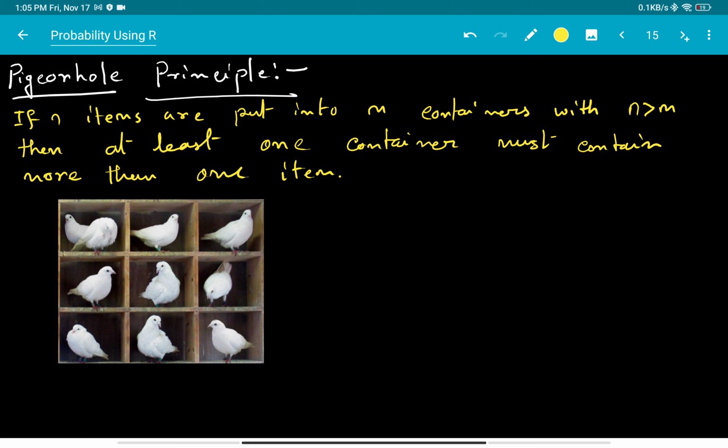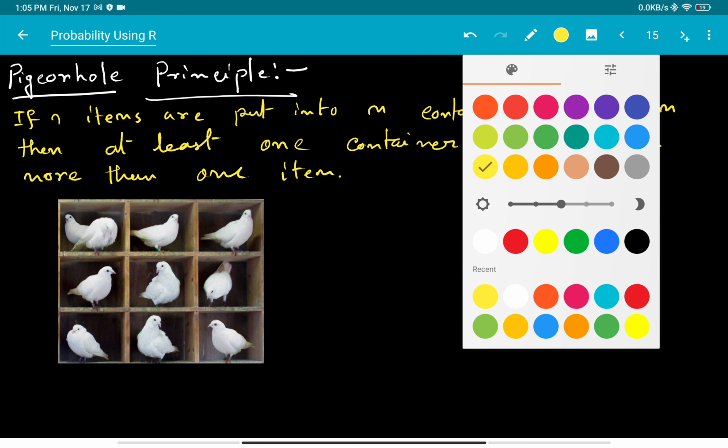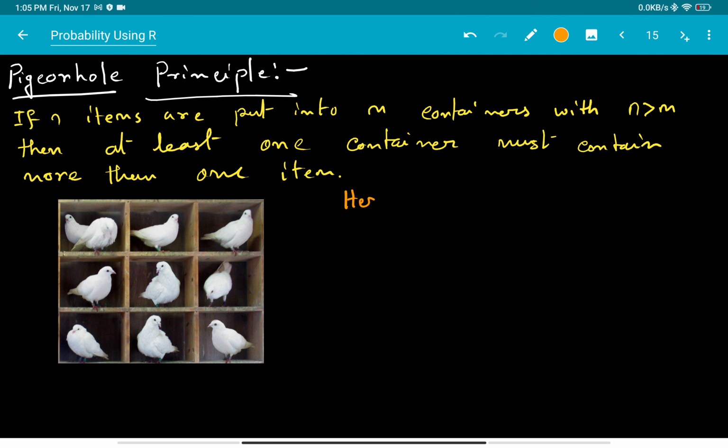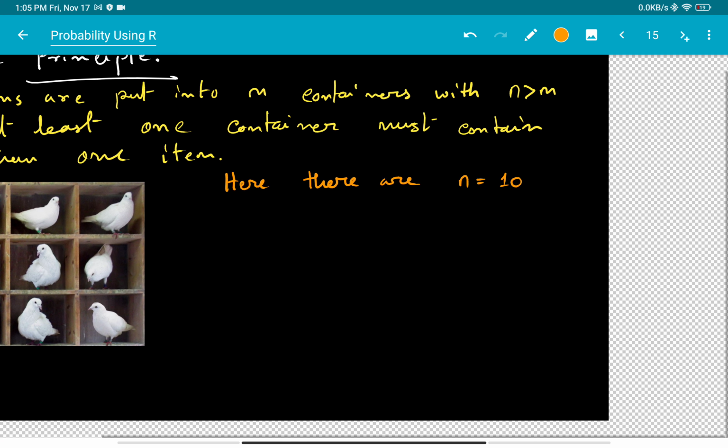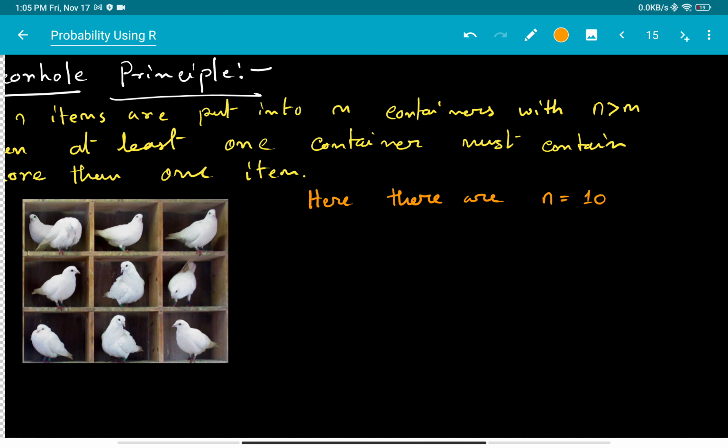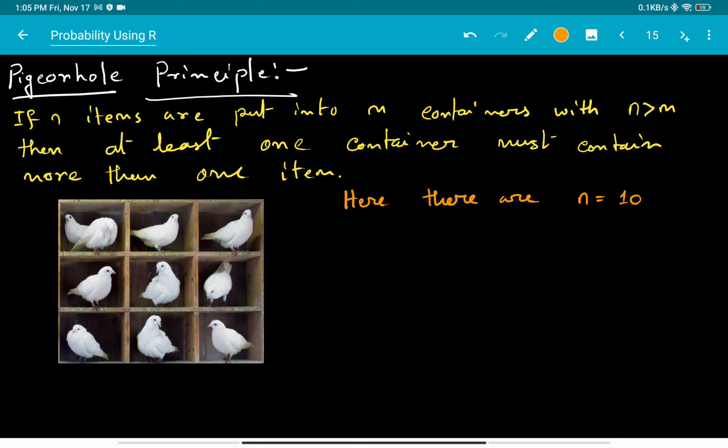So here there are n equals 10 pigeons in m equals 9 holes.